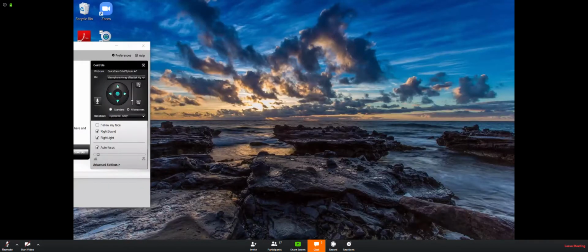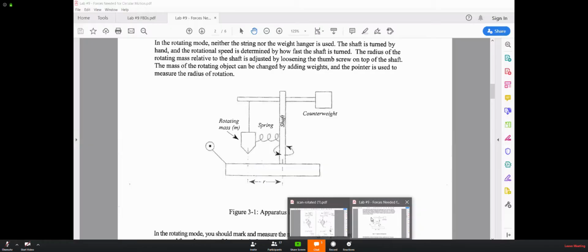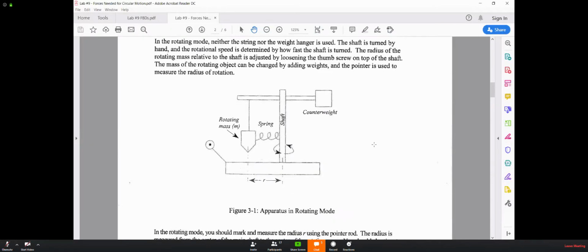And where's my lab manual? Okay, so let's turn this to look like that. Right now, I think you can see there's a spring here in the middle, and when it's rotating, this spring stretches. When you're taking data, that spring is going to be out like that.